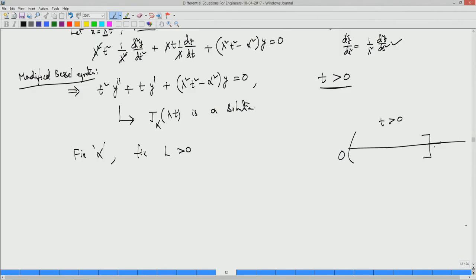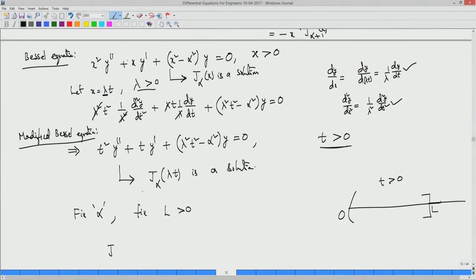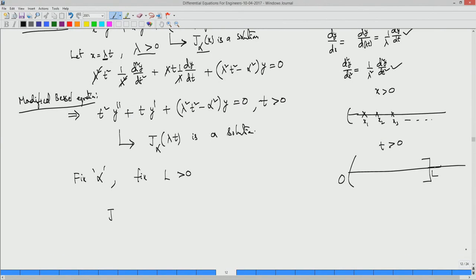Now look at J alpha for x positive. It has roots, which corresponds to x positive. The roots of J alpha are x1, x2, x3 and so on.